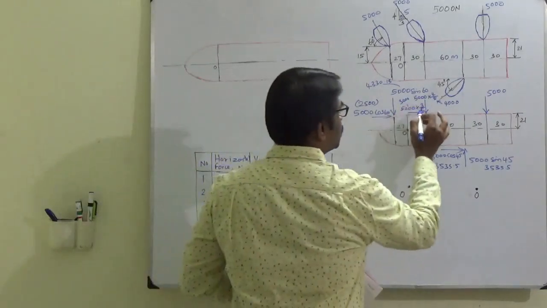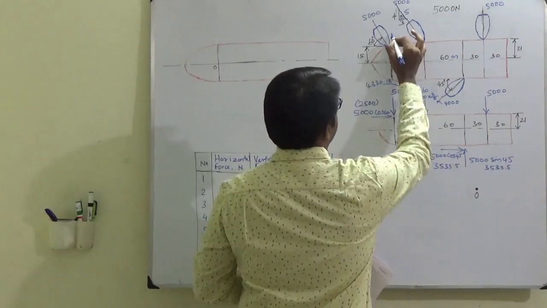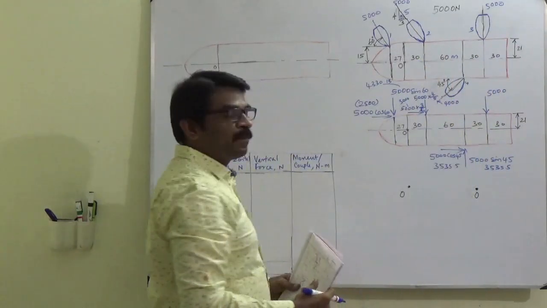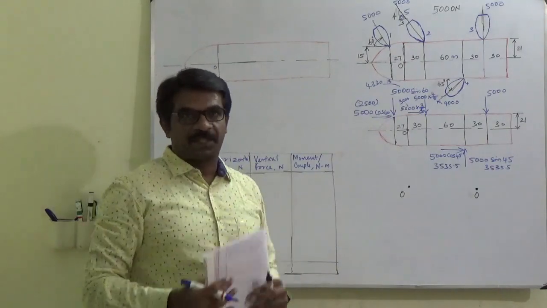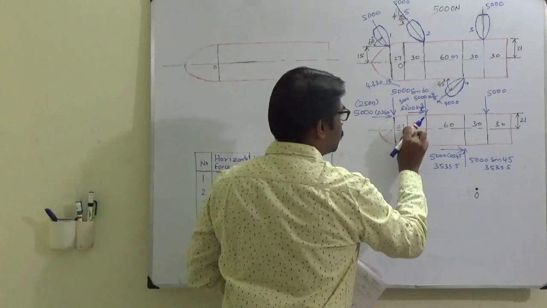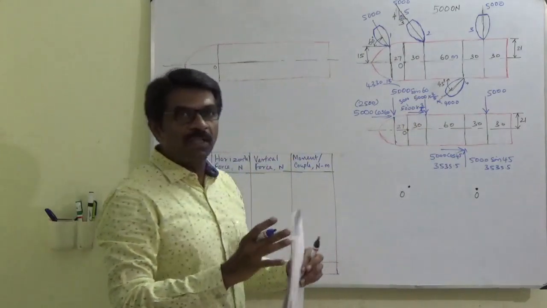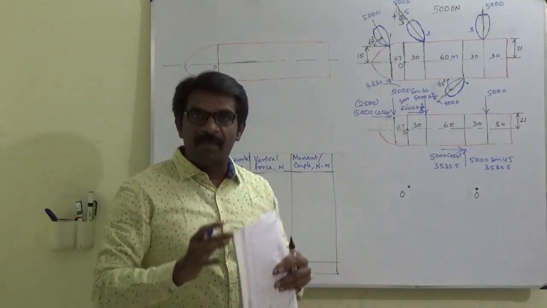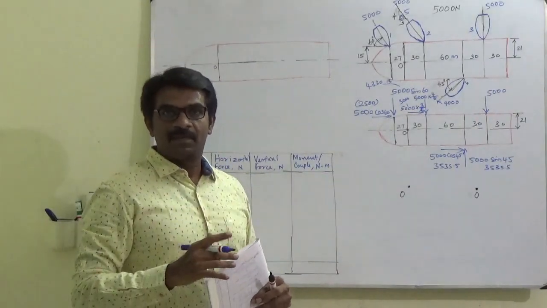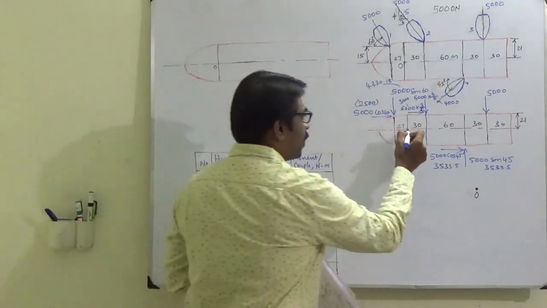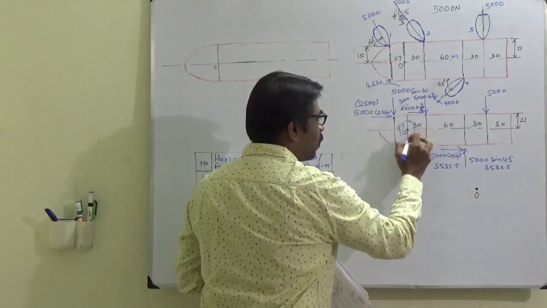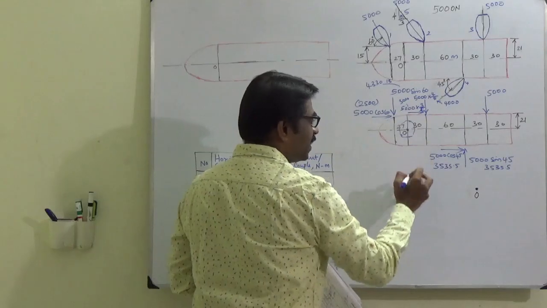So each of the forces, this is 1, 2, 3 and 4, totally we have 7 forces. Okay, we have to bring all the forces to this point, so all the forces will produce a moment as well. So we will introduce a couple which is the moment in that point.